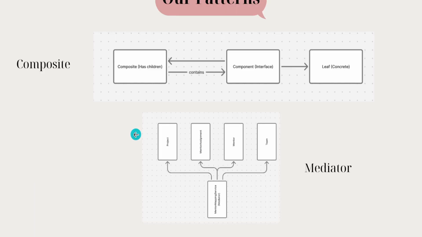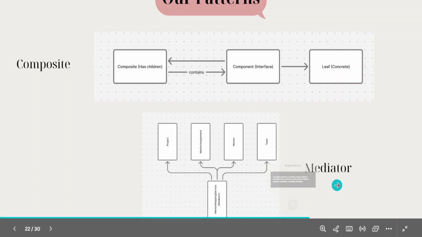Now, what are the common design patterns that we use? The first is the composite pattern. How does it work? The main component is an interface, and this interface is connected to one class known as the leaf class, and the other is the composite class. The other design pattern is the mediator pattern. What is it?